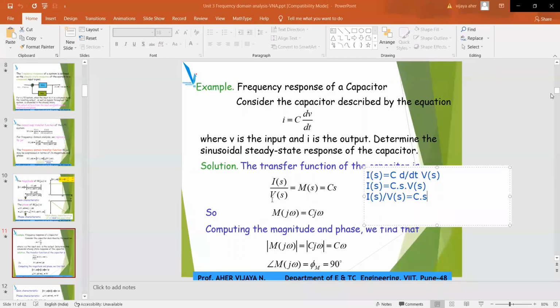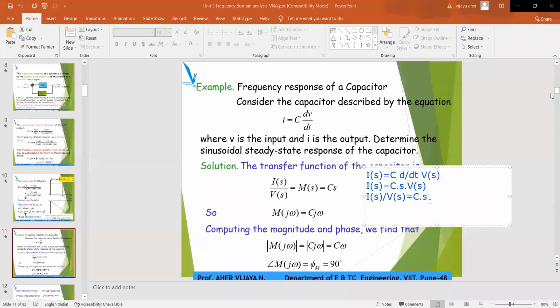M of S is equal to C into S. This is how you get this equation.